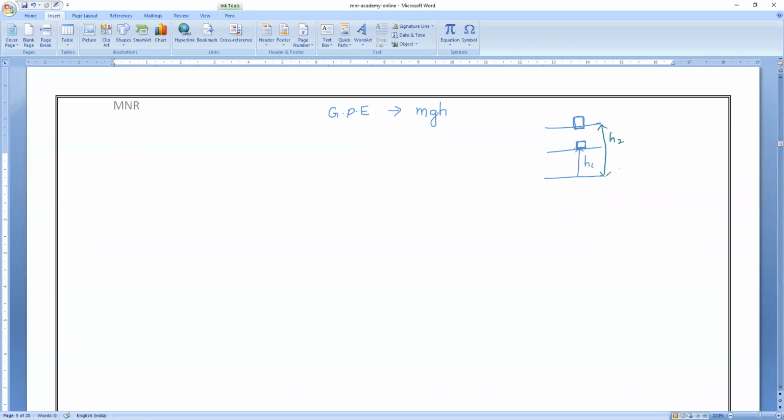Now if you notice it from the ground, at this point the potential energy is equal to mg into h1. Am I right or wrong?